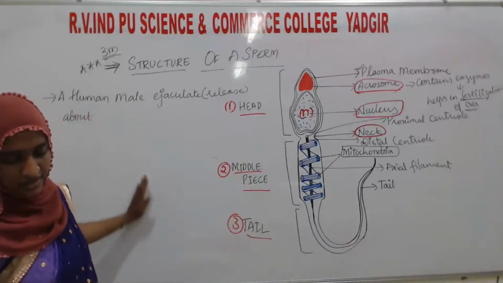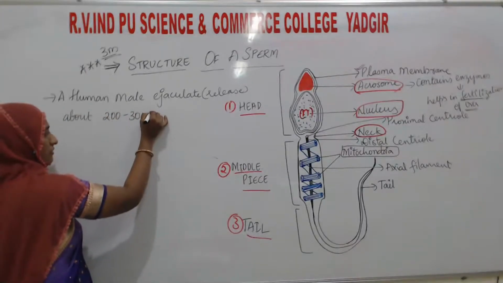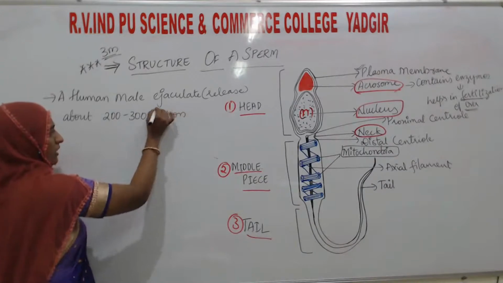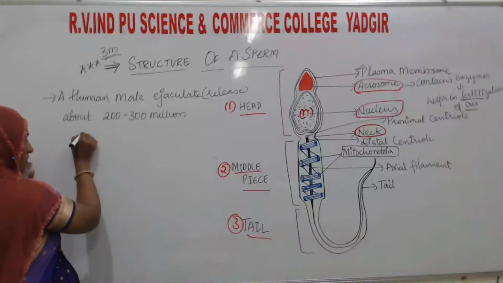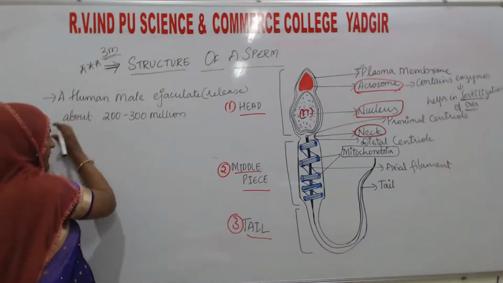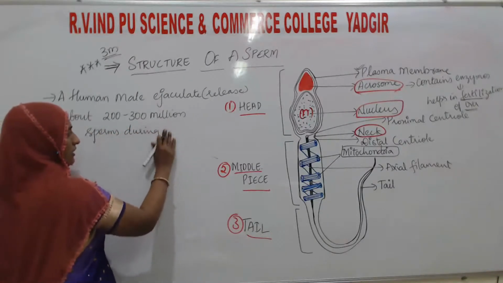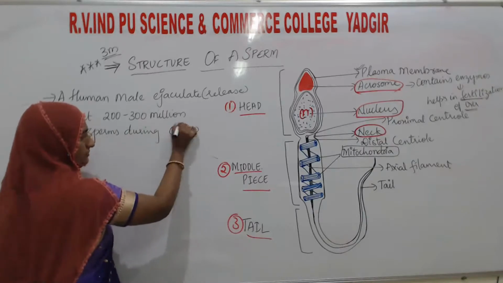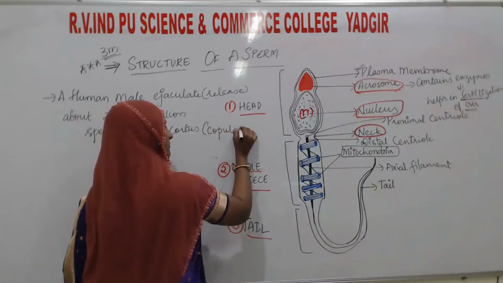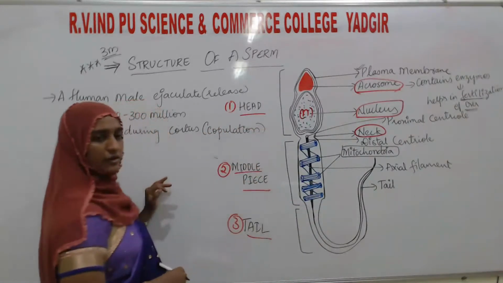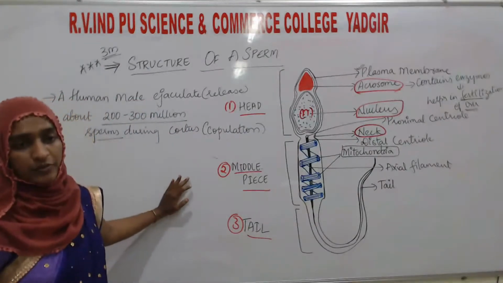It is 200 to 300 million sperms during each coitus. Coitus means copulation. So how many sperms are released? 200 to 300 million sperms.